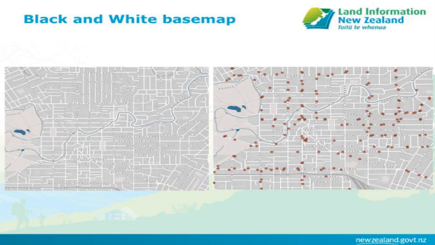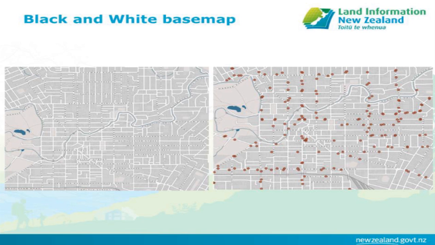Beyond there, I guess we're going to be launching 2 new base maps which are in line with Topo products and services. The first is a black and white base map, which is about providing that context for people to be able to overlay their other user information on the top of. This information will include data from a national DEM provided by Geographics, and also our Topo 50 and cadastral information.